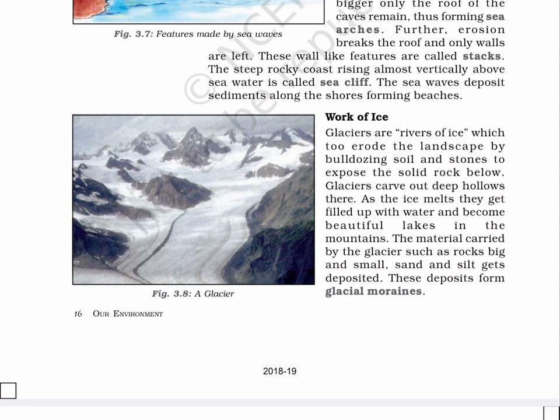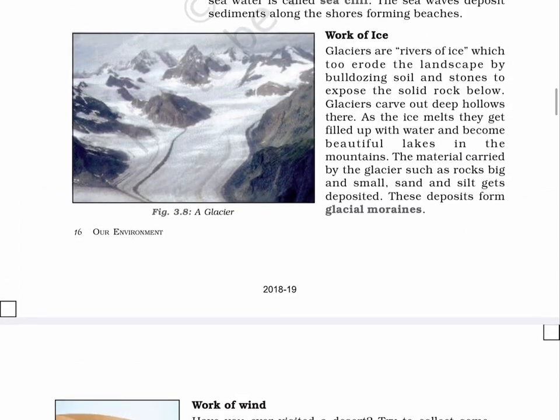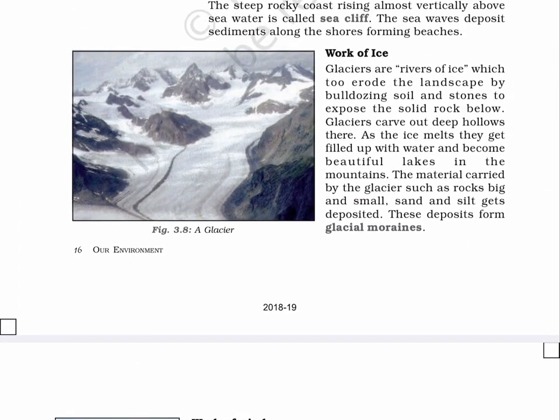The material carried by the glacier, such as rocks, big and small, sand, and silt, gets deposited. These deposits form glacial moraines. On the bottom left of the page, we have the picture of a glacier.